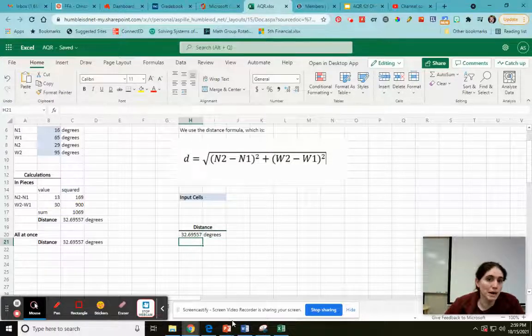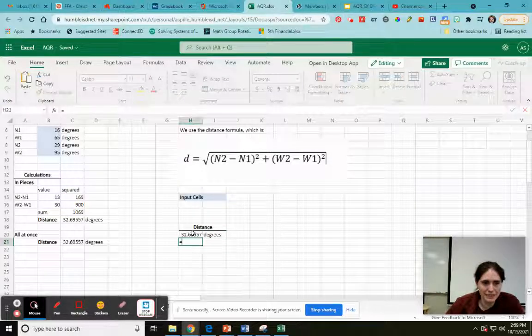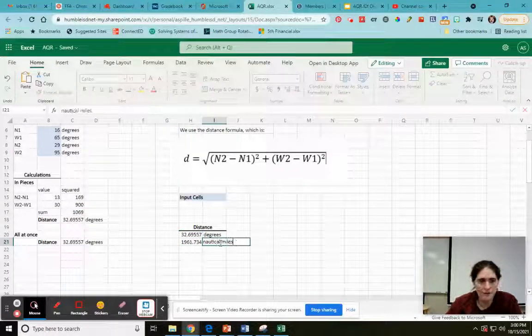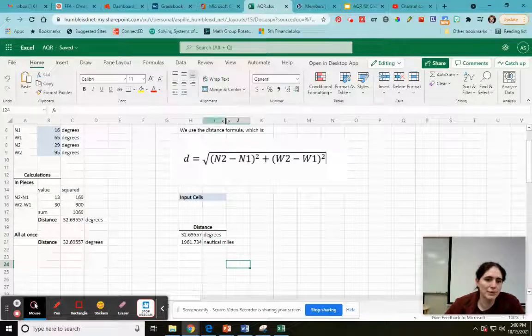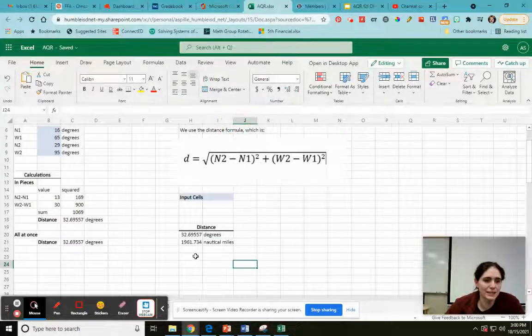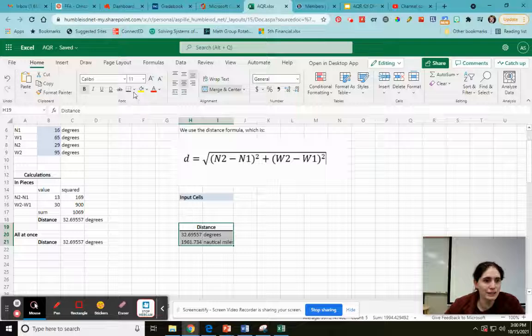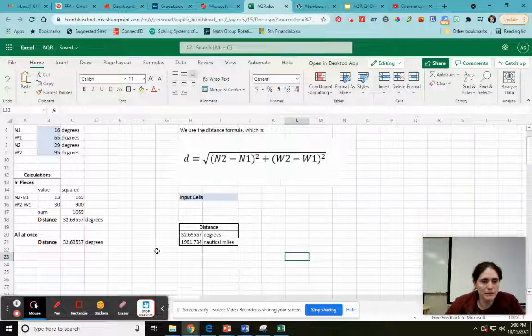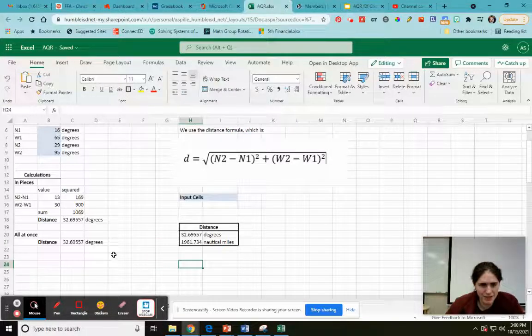And then if I want it in miles, I go equals this times 60, and that's nautical miles. And I'd probably widen this so that it fits and put a box around it, and you're done. So that's distance.